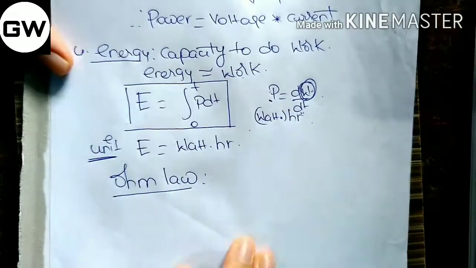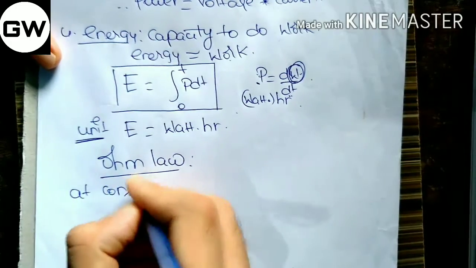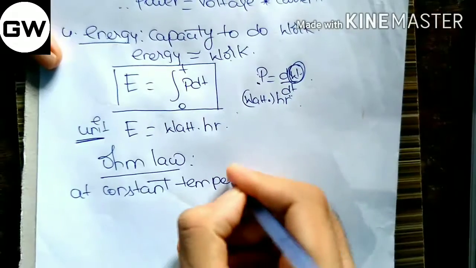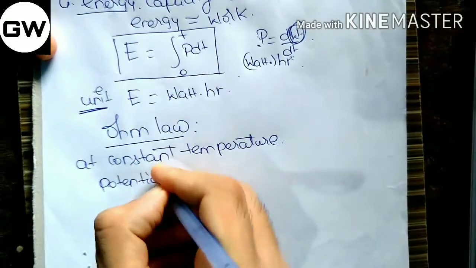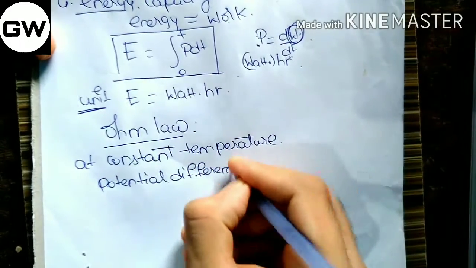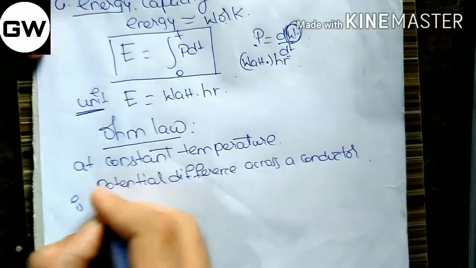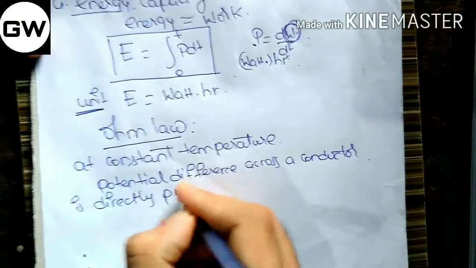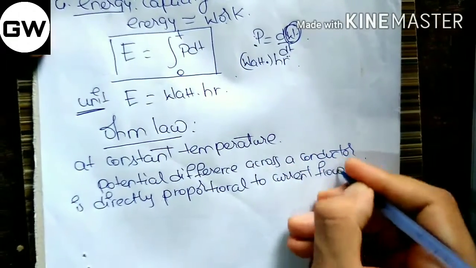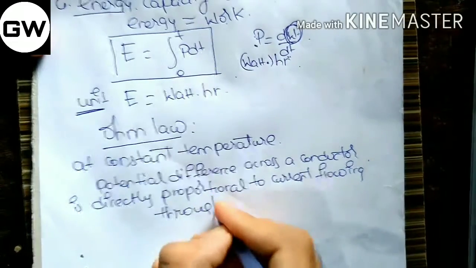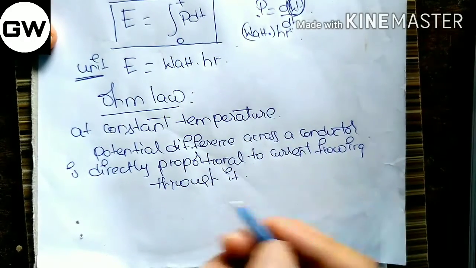Now, Ohm's law. What is Ohm's law? Ohm's law states that at constant temperature, the potential difference across a conductor is directly proportional to the current flowing through it.